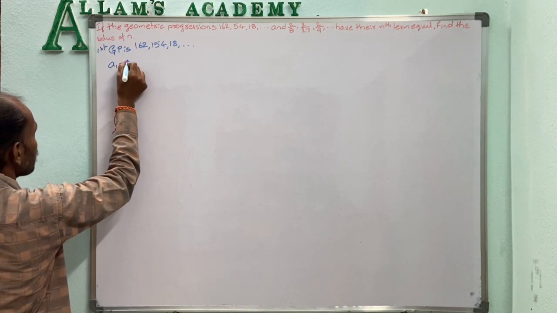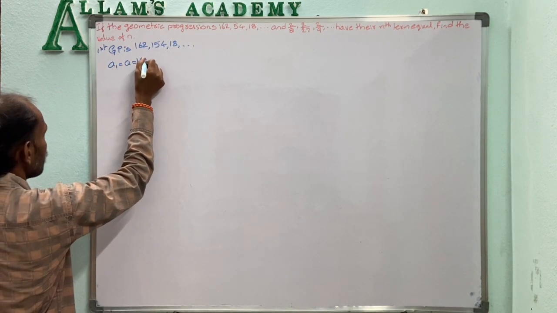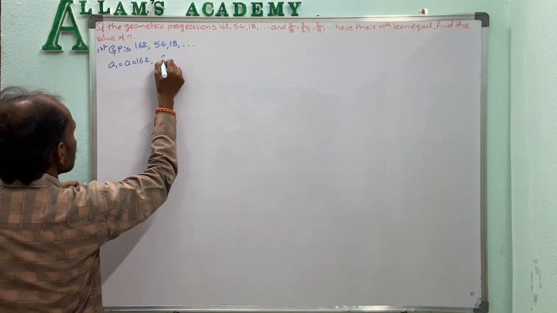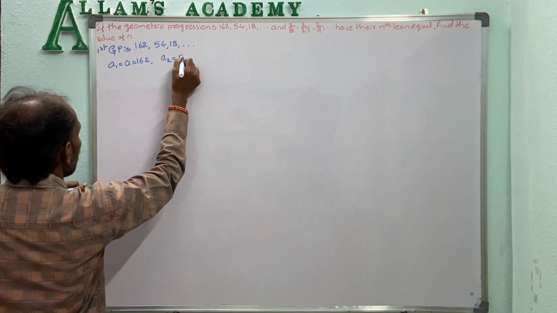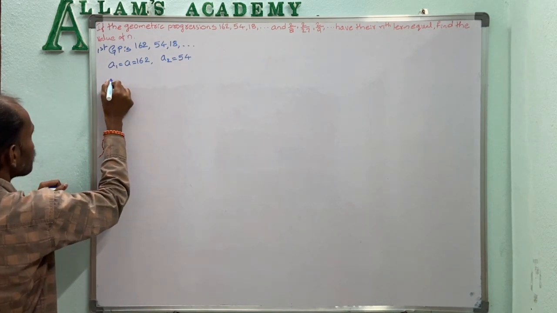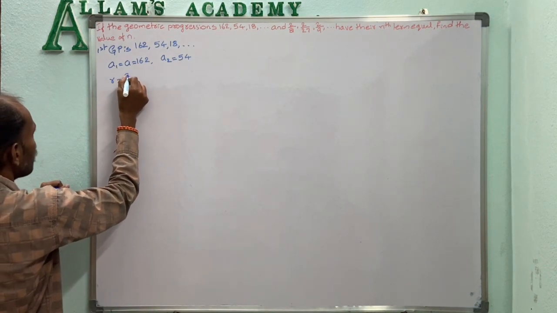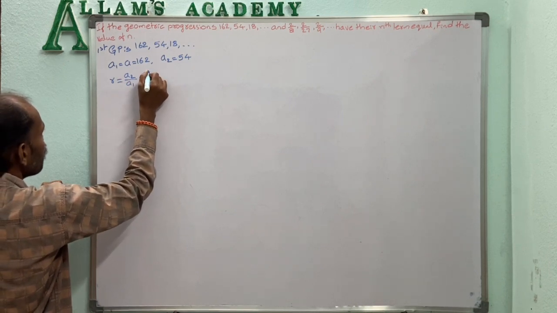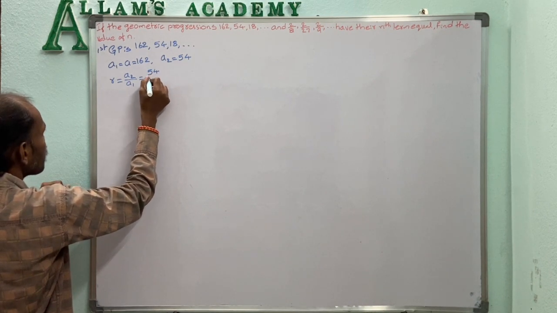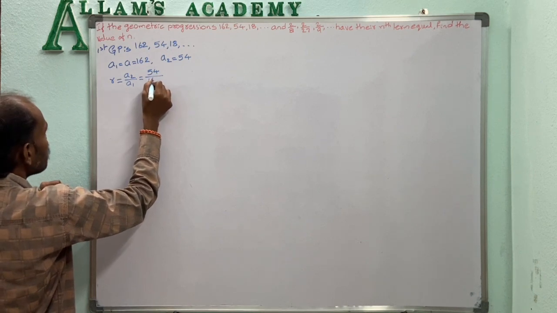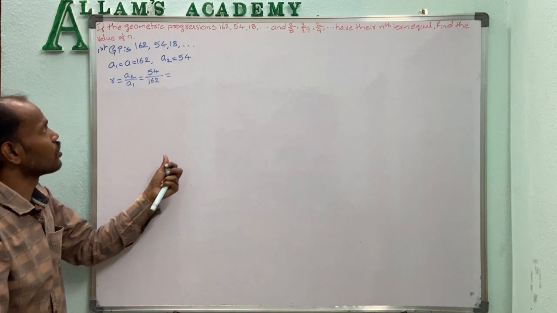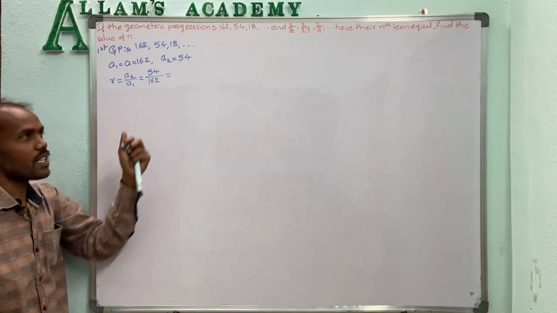The first term a1 is equal to a, which is 162, given, and the second term a2 is 54, given. So the common ratio r is equal to a2 by a1, that is 54 by 162. 54 threes are 162.